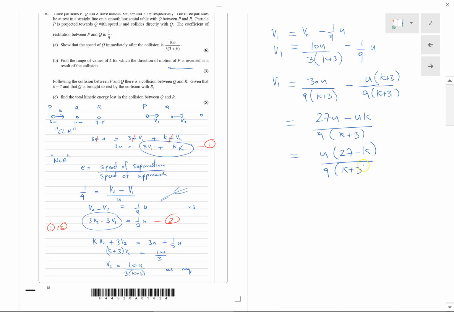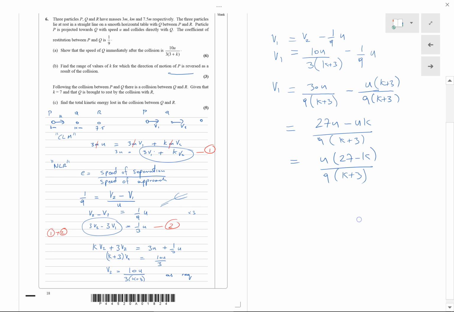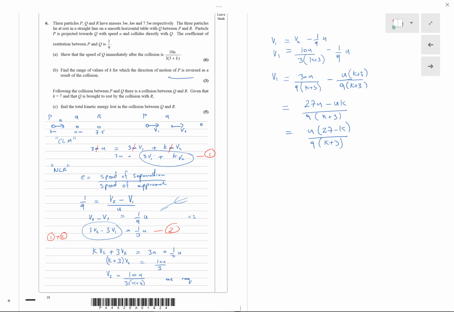Now let's just think about what I've just done. I've just worked out an expression for P, assuming it's not reversed. If the motion is reversed, then V1 is less than 0.